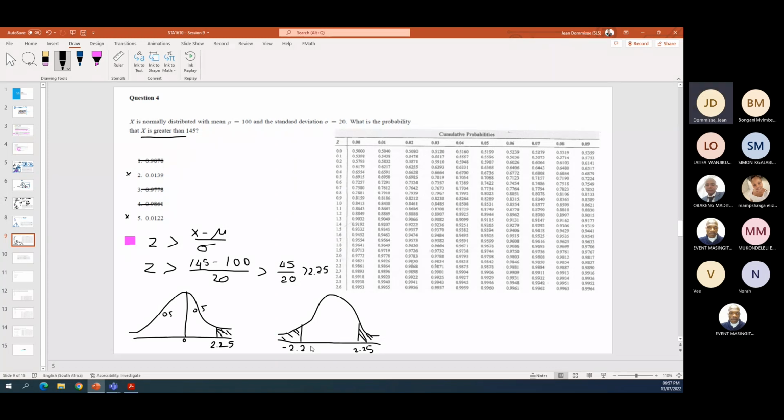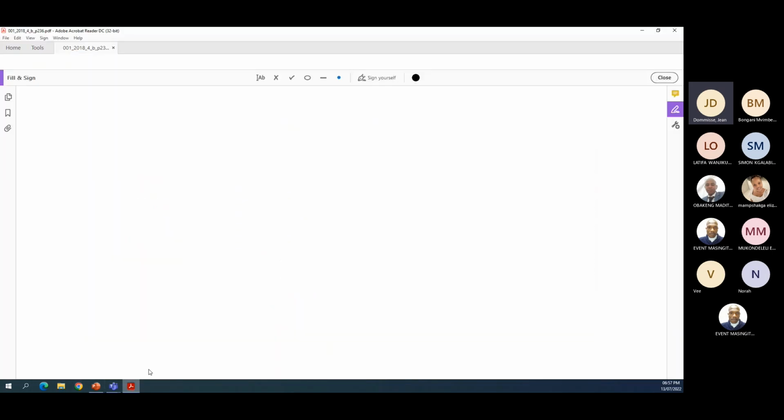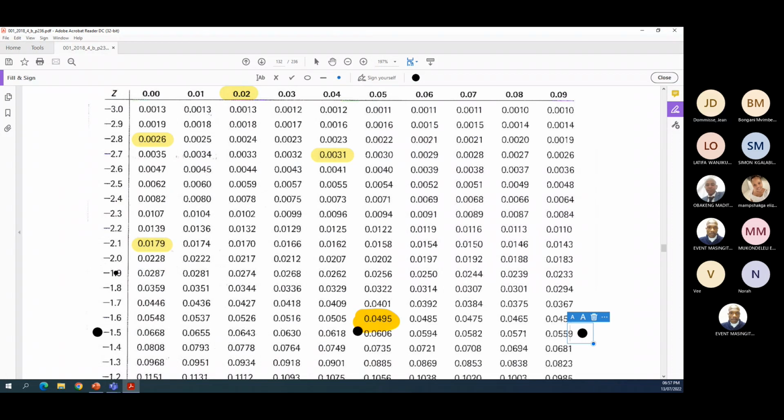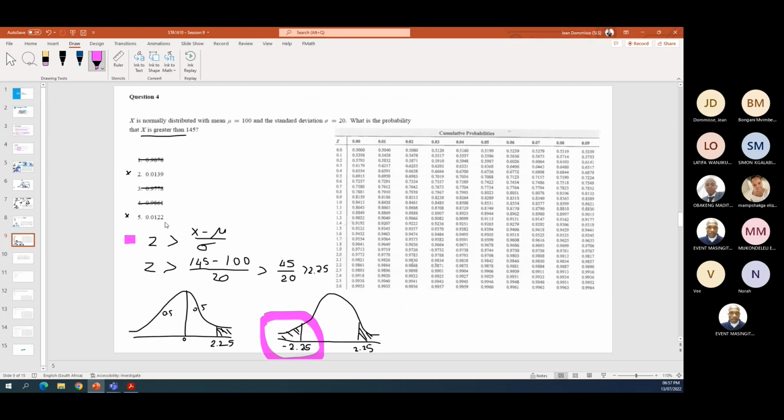So we can go to negative 2.25, 2.2, 2.25, and we'll see that the answer is 0.0122. So if we look at the negative table, we can get that.